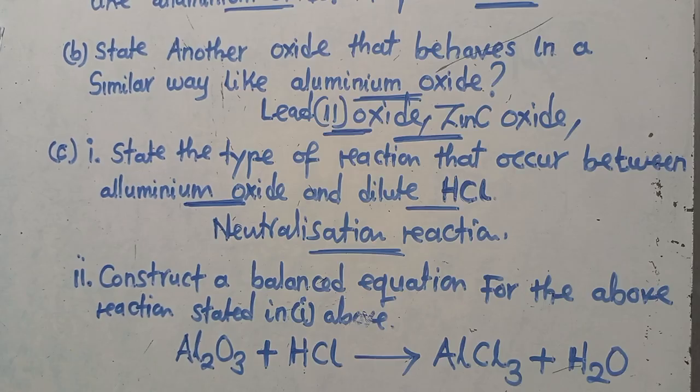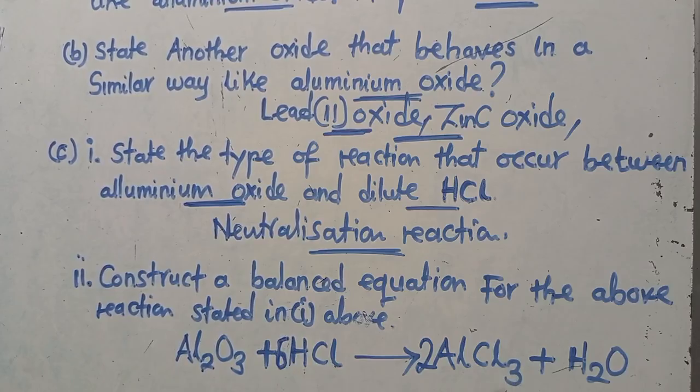They are telling us to balance it. How then can we balance this? In which way can we balance this? For us to balance this, aluminium 2, aluminium 1. We put a 2 here so that it is balanced. Aluminium balanced. So here, chlorine has become 6. So I put a 6 here to balance.